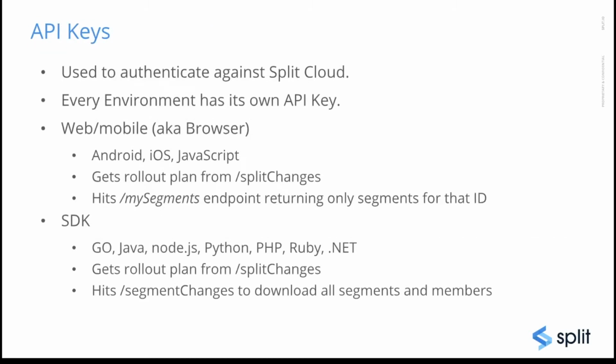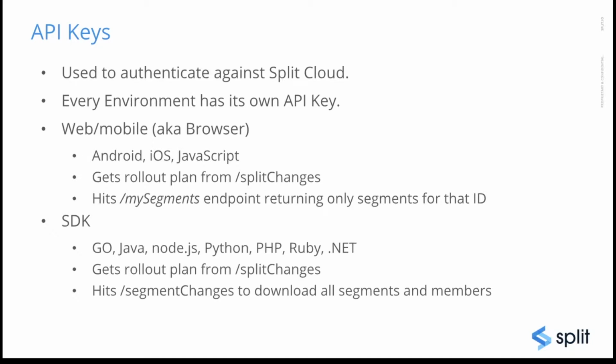In order to use the SDK, you do need an API key, and the API key is generated from the Split UI under the admin page, and this will allow you to authenticate against the Split Cloud. Now, you can have multiple environments when you configure your organization, and for example, there are two environments created by default, which are production and staging.